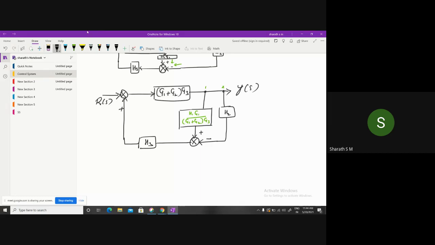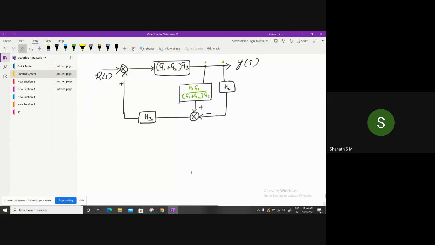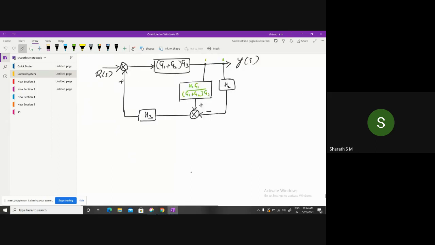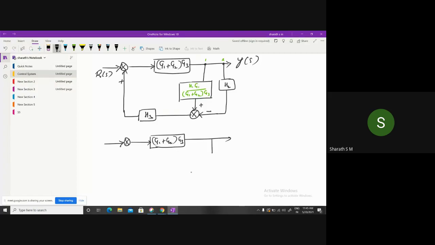So that it becomes G1 plus G2 into G3. And here we have a negative symbol.